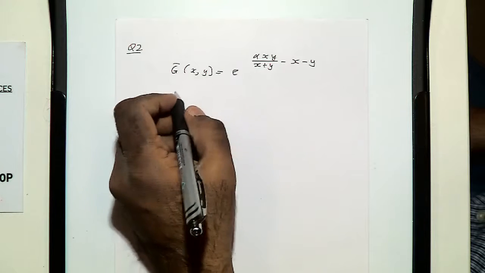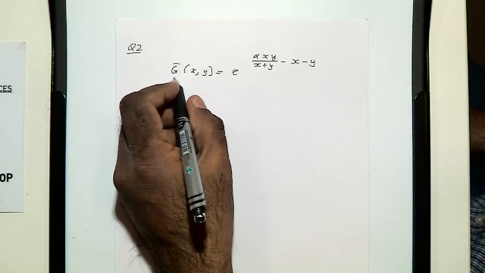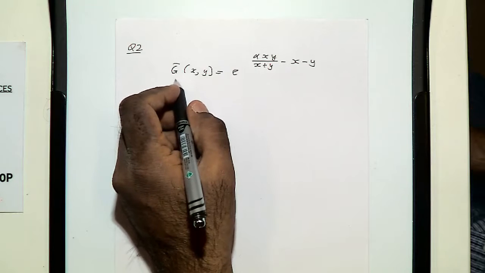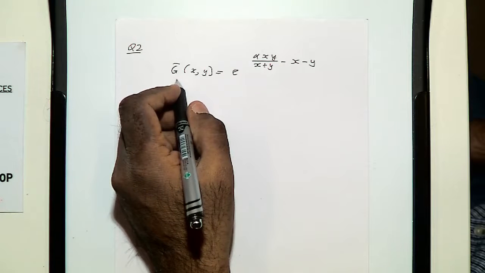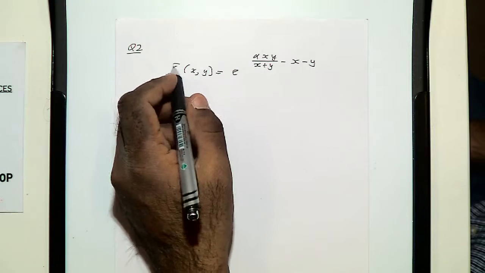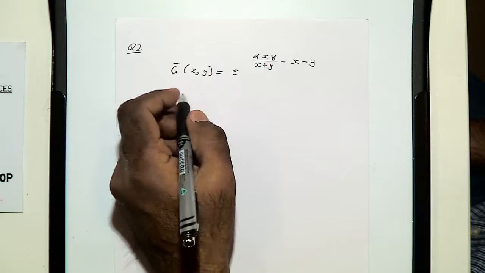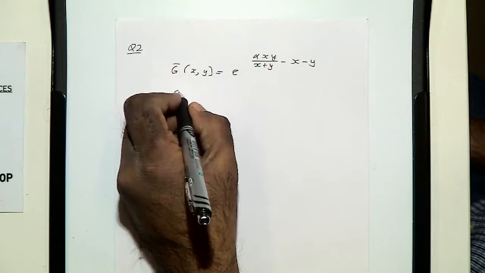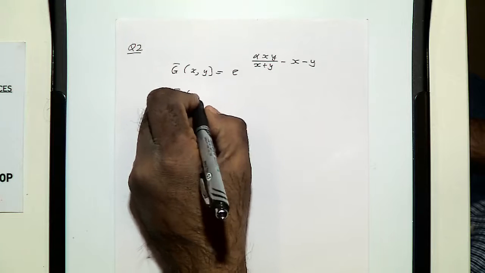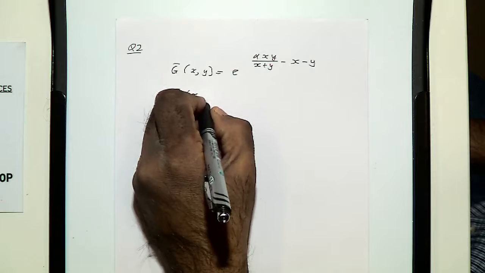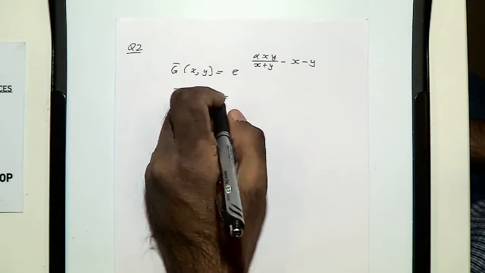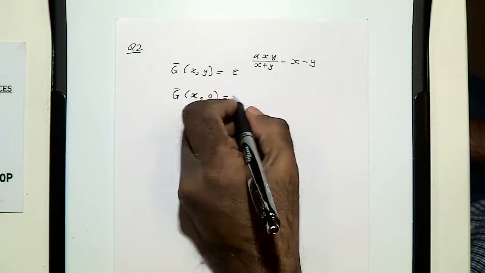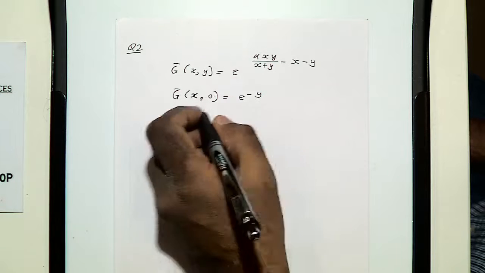Because it was G bar, the only representation that involves a survival function is the last one. And for that, you need to make sure that the marginals are exponential. So let's put y equal to 0. You get e of minus x.